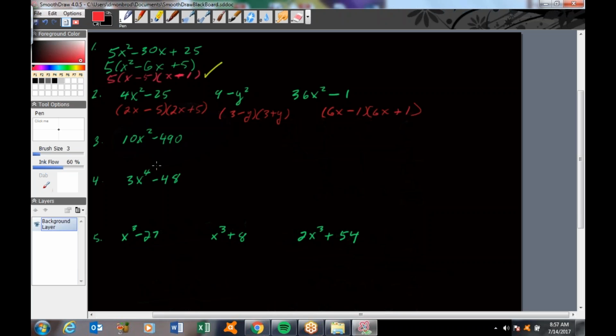Now, sometimes you get something that doesn't quite look like a difference of two squares. Like this one here. 10 is not a perfect square, neither is 490. But we notice that using the first approach, like in number 1, we see a GCF in here that we could pull out. So if I pull that 10 out first, I get this, which then coincidentally leaves me with the difference of two squares.